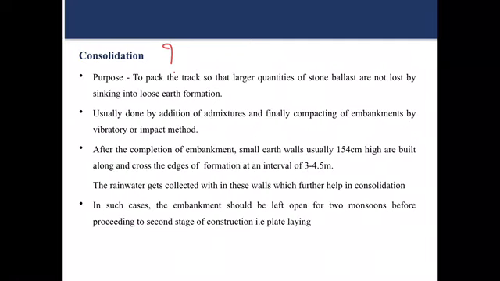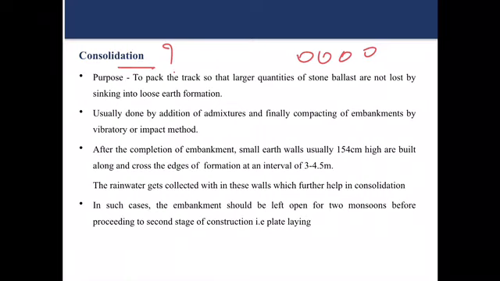And if any voids are present, that can be air voids or water voids, if there is presence of air and water in the formation you have prepared, there are chances that the ballast gets sunk into the soil layer. So to prevent sinking of ballast into the soil layer, we have to thoroughly consolidate your formation so as to remove any loose earth.